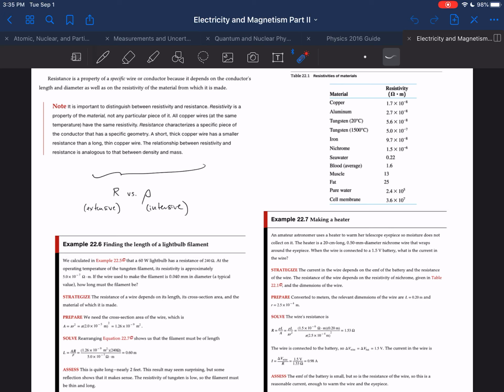Just for a brief explanation of this, at higher temperatures, electrons and other charge movers are moving around much faster, and they get in the way a little bit.